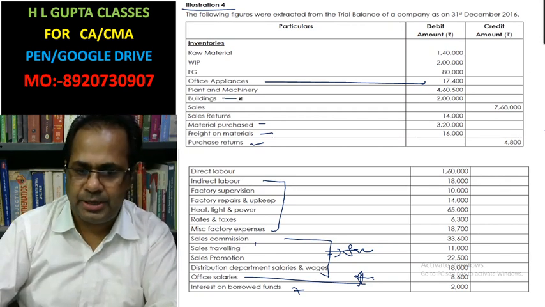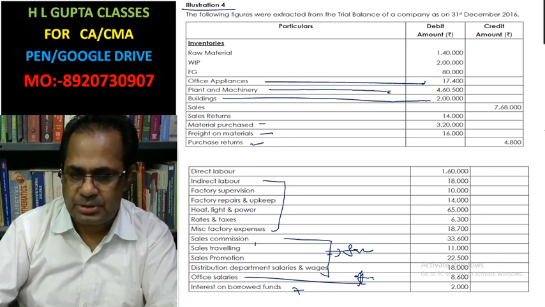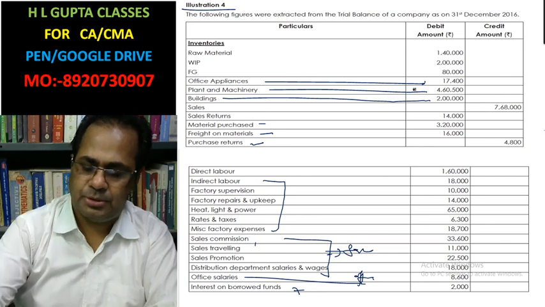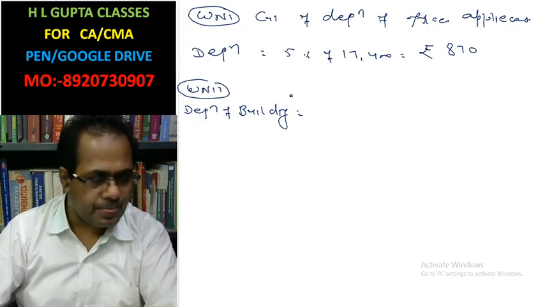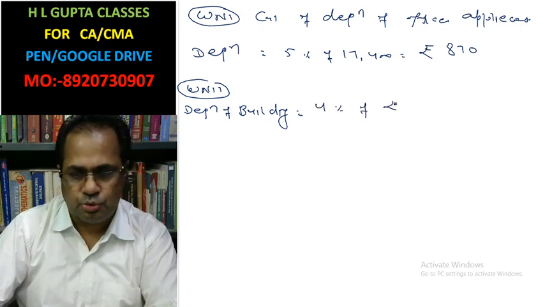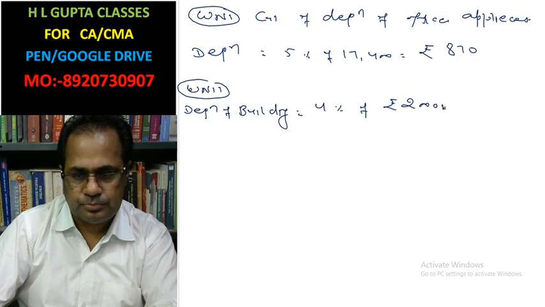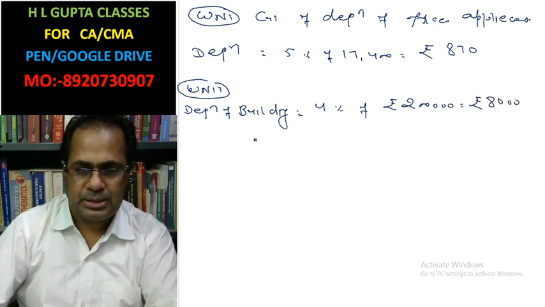Building cost is given here, that is 2 lakhs, and plant and machinery cost is given as 4,60,000. That is 4% of rupees 2 lakh, which is 8,000.